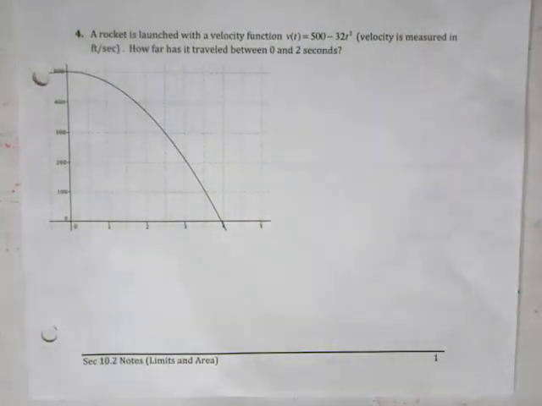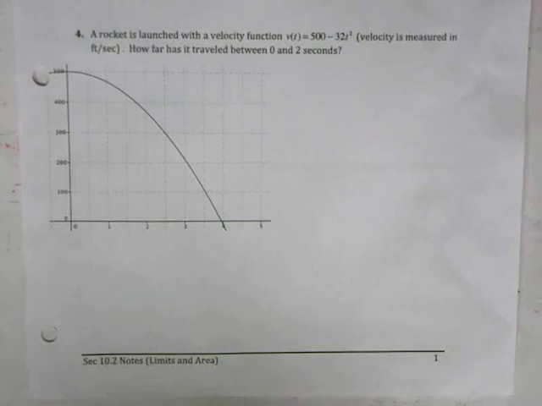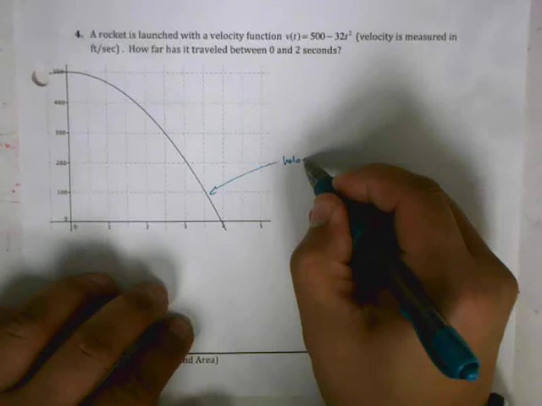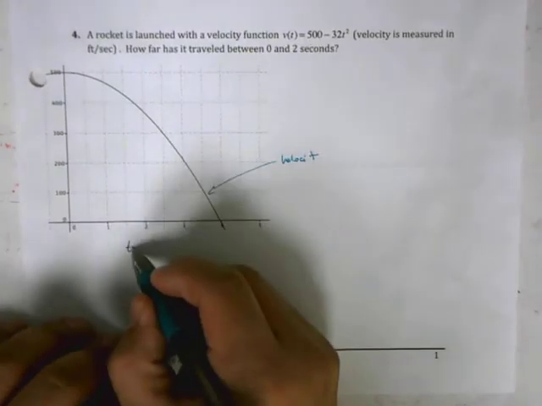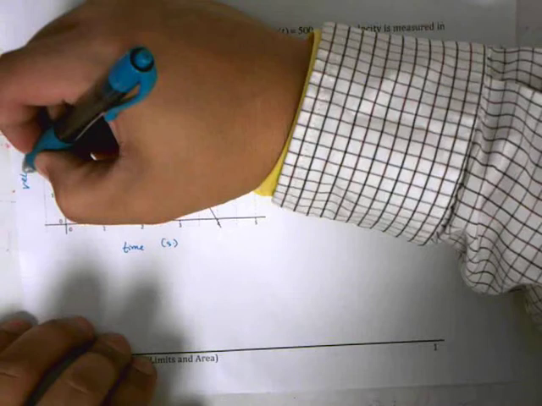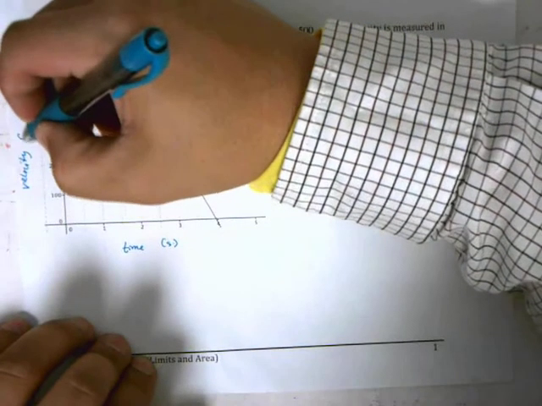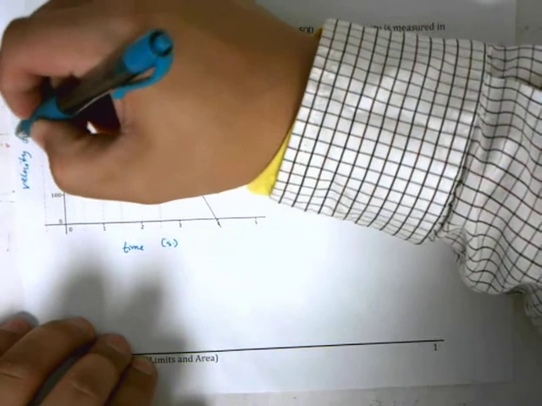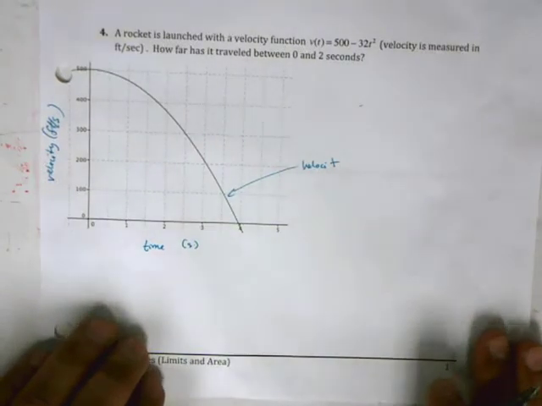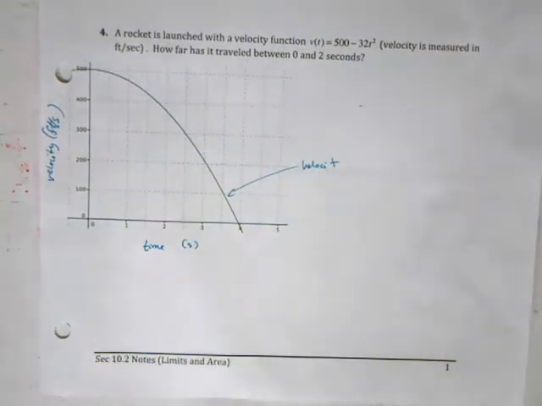Well, I want to refresh your memory and remind you, if you haven't seen the previous video, that if I have a velocity function, and this is time in seconds, and this right here is velocity in feet per second, then if I want to find distance, the distance is the area underneath the curve.